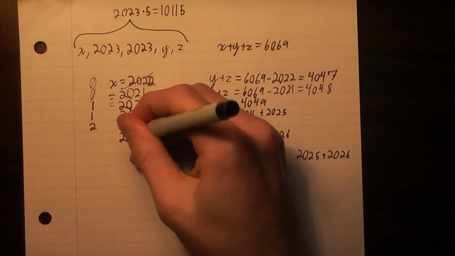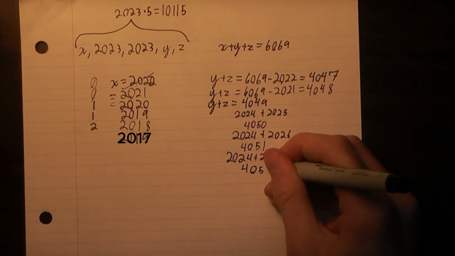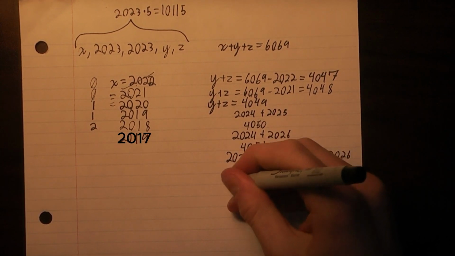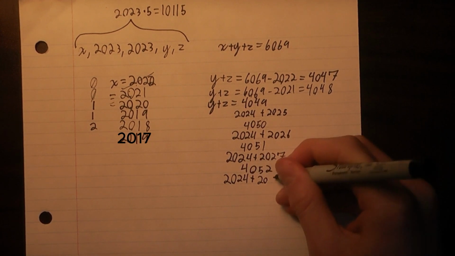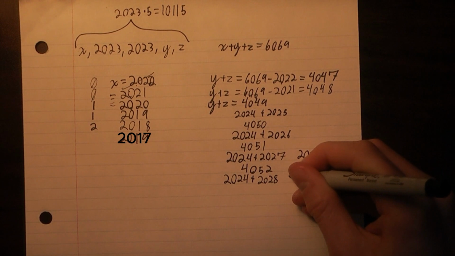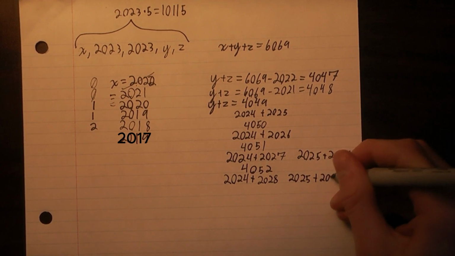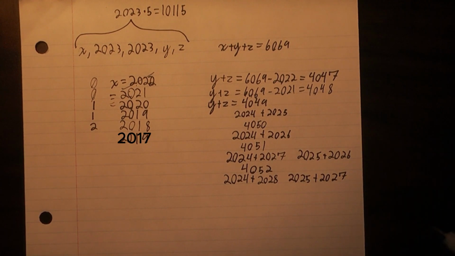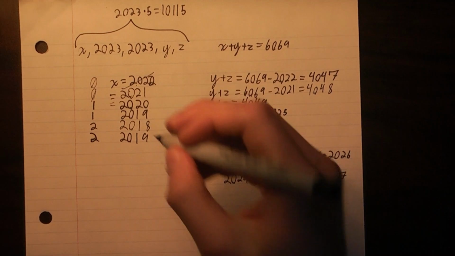And for 2019, it adds up to 4052, in which you can get 2024 plus 2028 or 2025 plus 2027, and not 2026 plus 2026, because it would appear more than once.